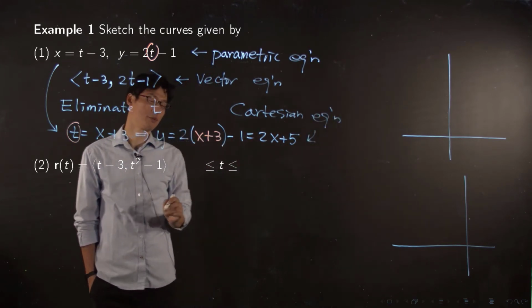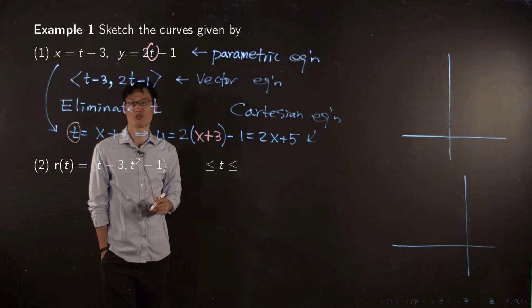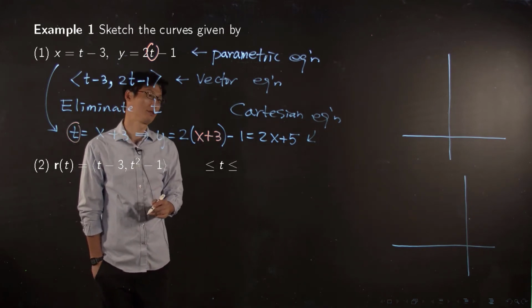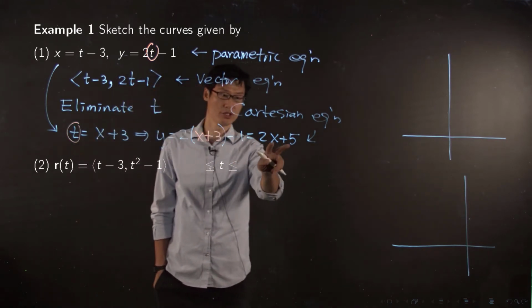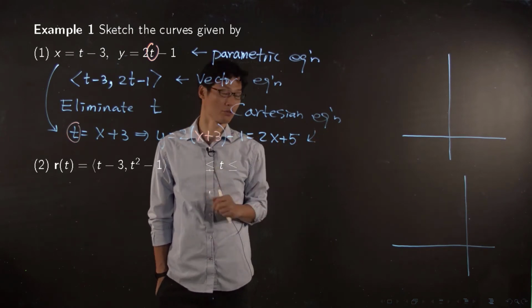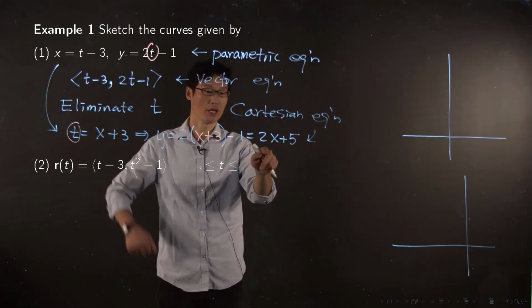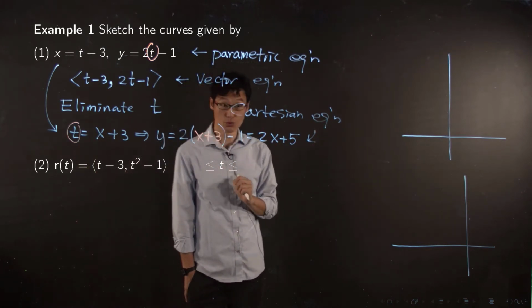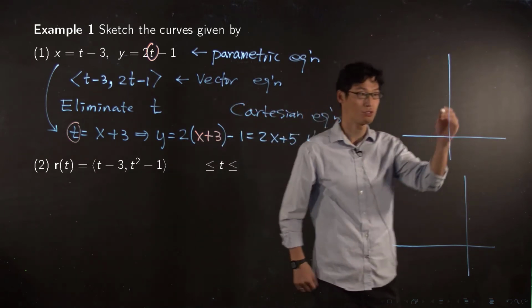Well, this name comes from the French mathematician Descartes. And once we have this, we can sketch the graph. This has slope 2 and y-intercept 5. It's just a straight line.